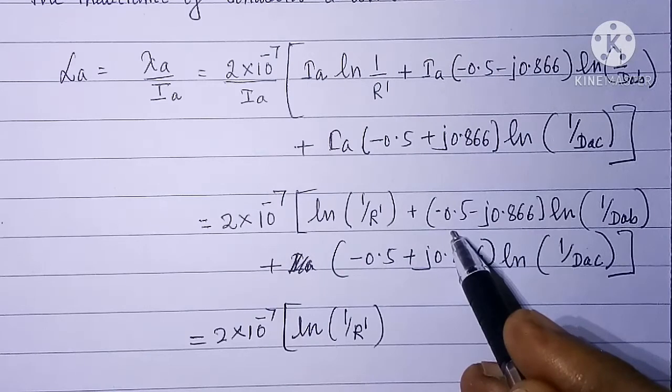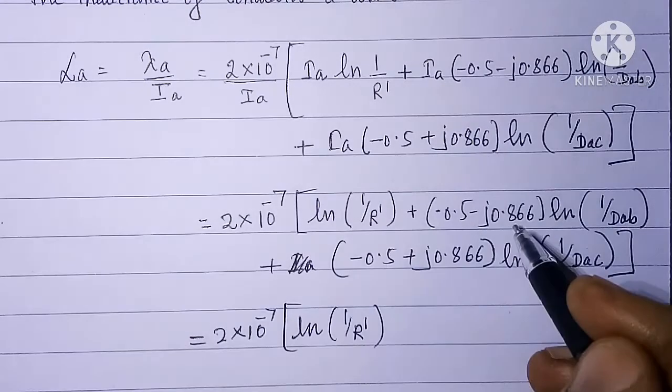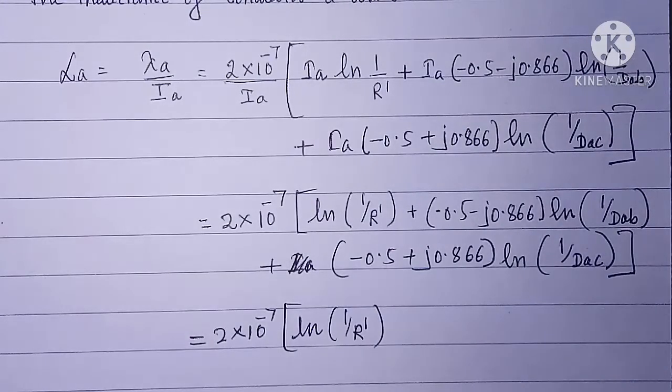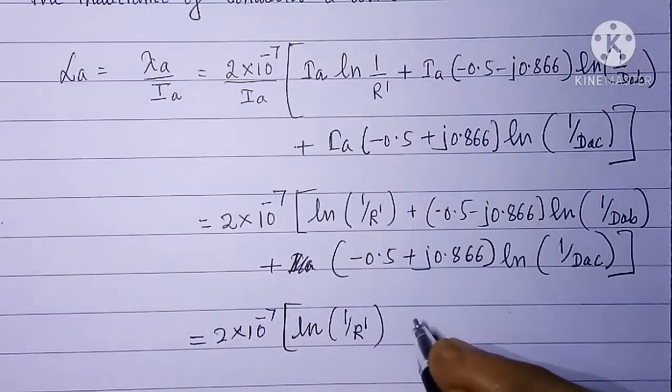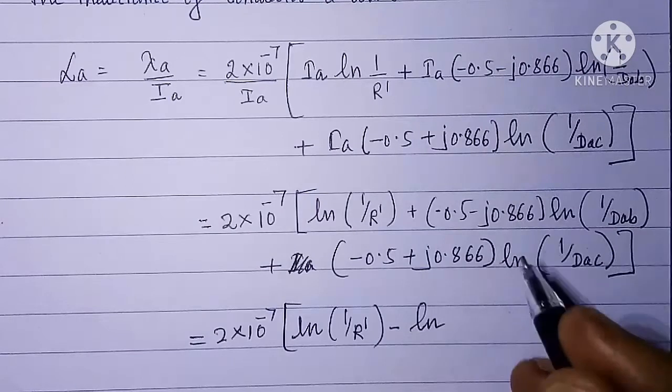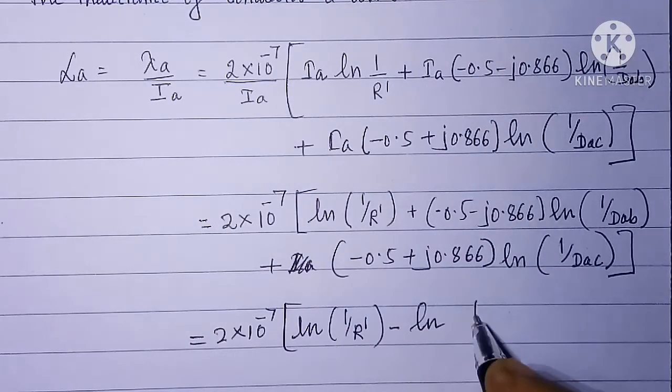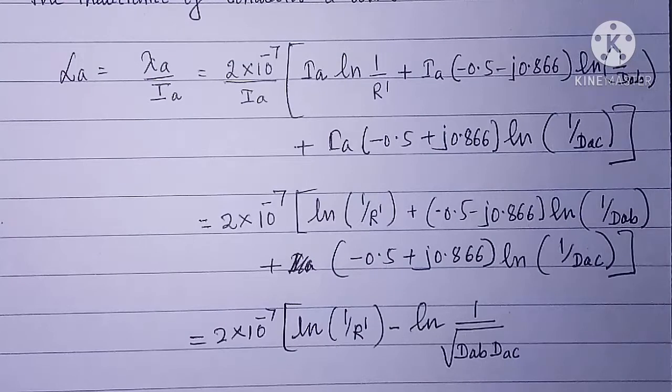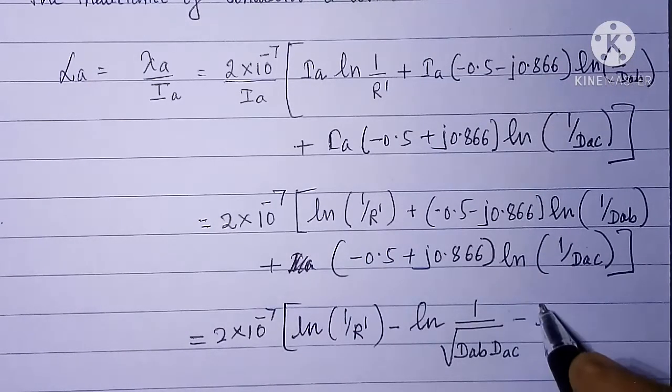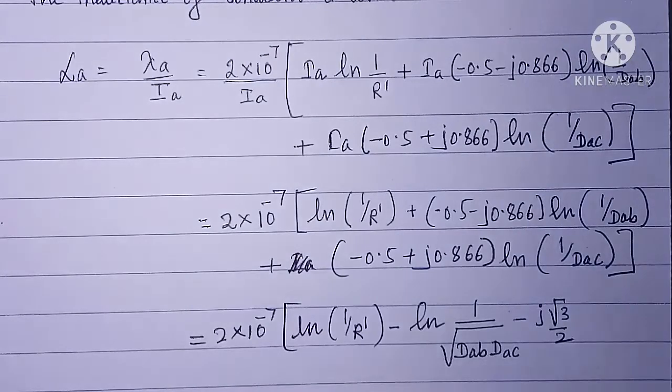Now adding the terms with coefficient of real number and the terms with imaginary numbers as coefficients, we get minus ln of 1 upon under root DAB into DAC, minus j into root 3 by 2 ln of DAC by DAB.